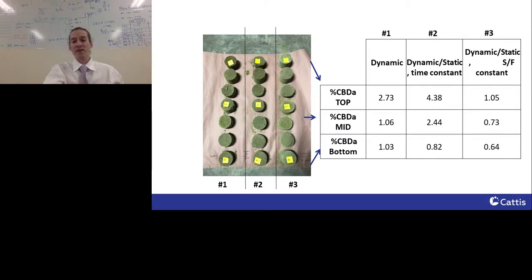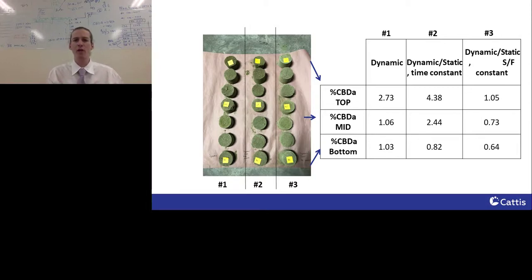And this was another indication where we were moving in the right direction with our optimization, right? Comparing 1 to 2, in trial 1, we had almost 1% of CBD on the bottom. In trial 2, where we're not fully optimized, we only had 0.8% CBD. So that, once again, was telling us that we're using our CO2 more effectively.